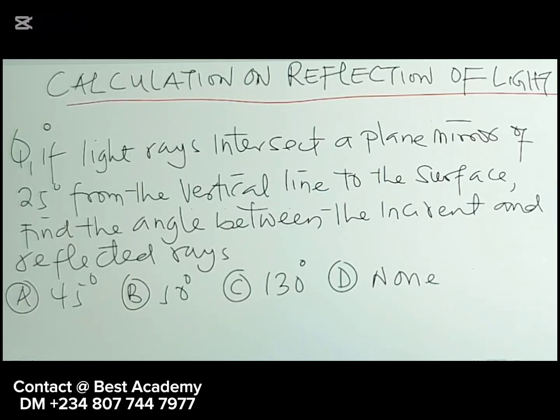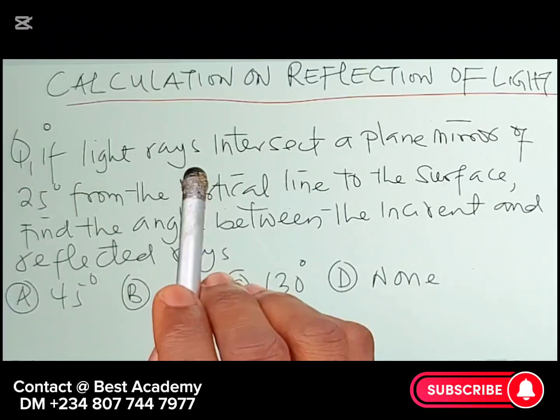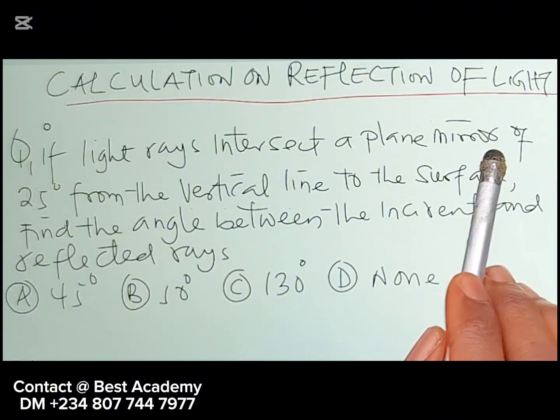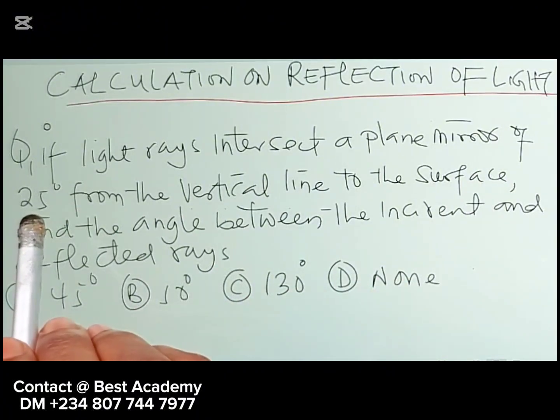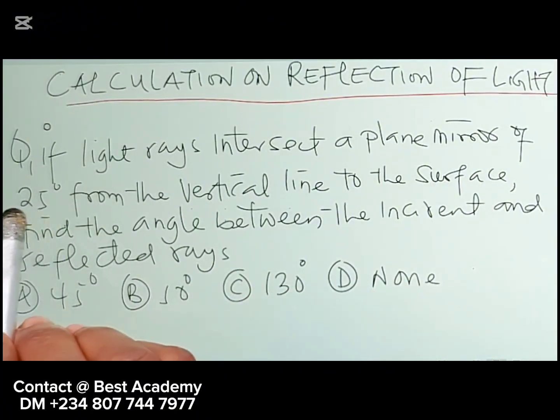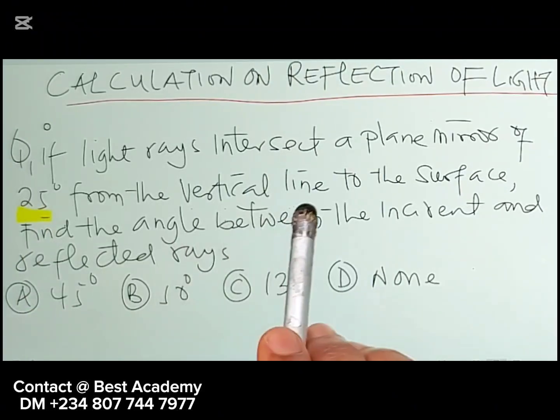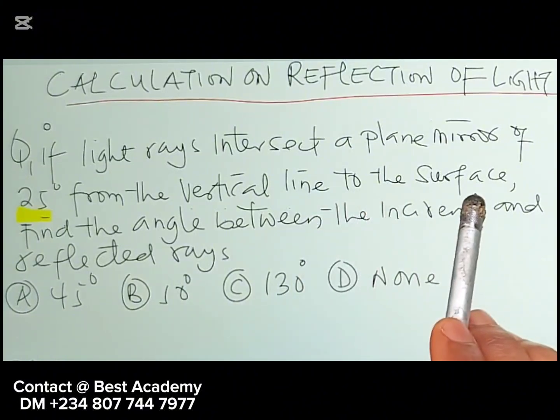Very important. Okay. And it said, if light rays intersect a plane mirror of 25 degree, okay, so the angle of the ray is 25 degree from the vertical line to the surface.